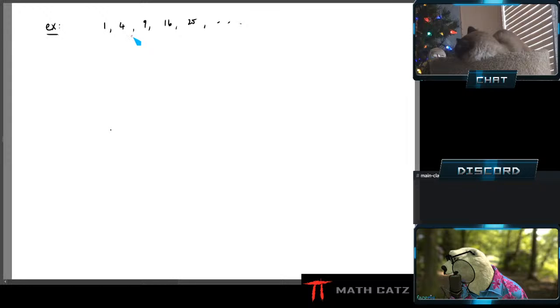I'm adding 3, then 5, then 7. Okay, it's not impossible, but let's think of the other way we thought about this. By linking the term to the position that it's in.